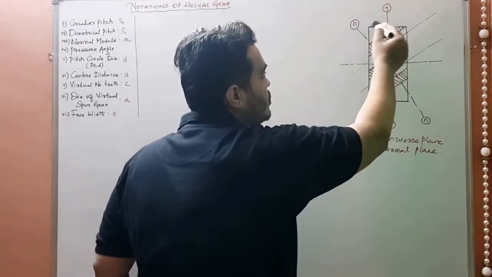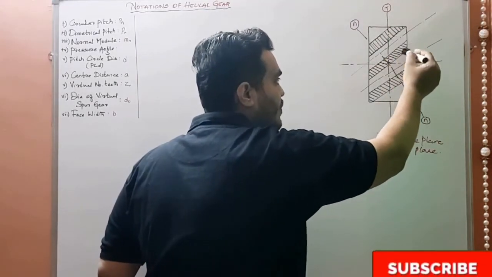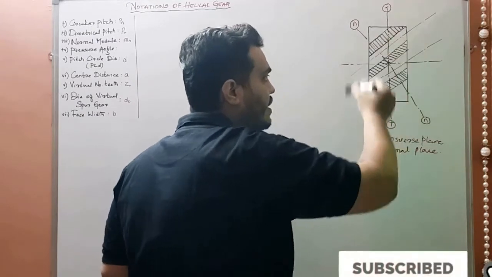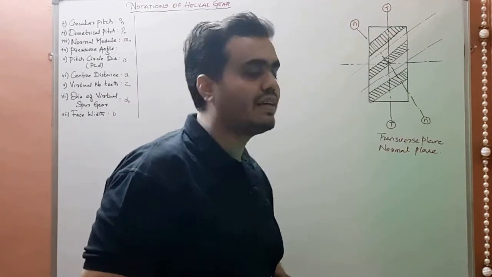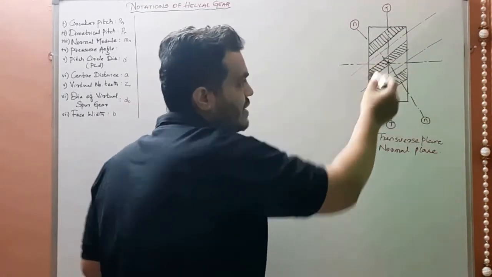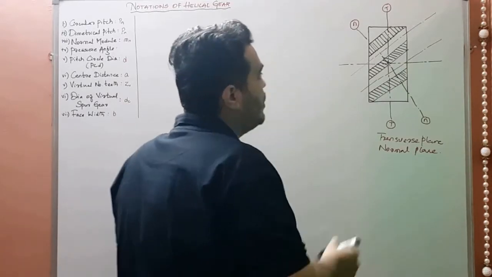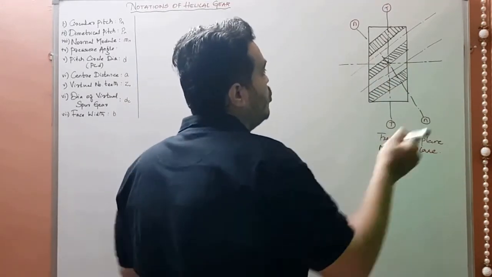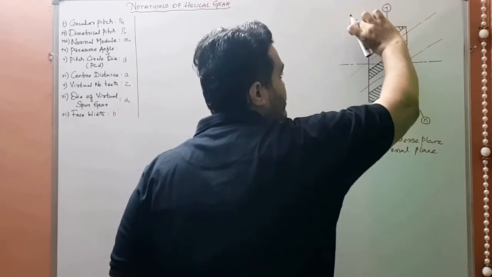So these are the teeth. The distance between two teeth along the center axis, as you know, we call the pitch. With respect to the two planes, first we will consider this normal plane.